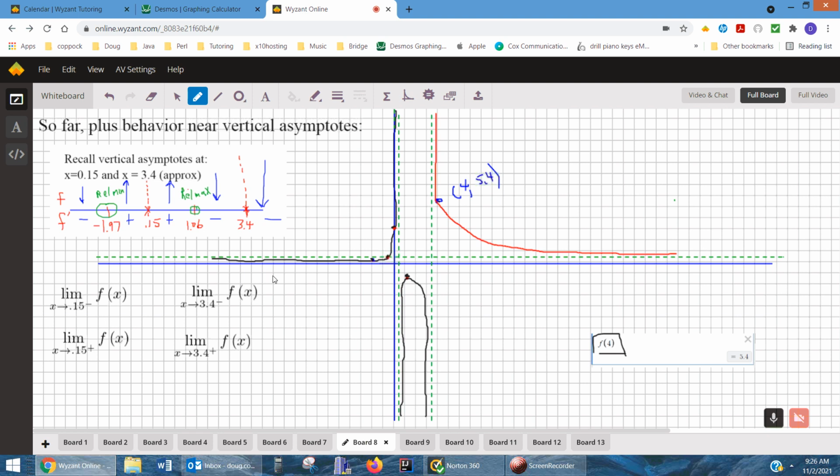Now, to identify whether the graph approaches positive infinity or negative infinity as it gets close to its vertical asymptotes, this is essentially what we're doing, although these are approximations here. Taking the limit of f of x as x gets close to this vertical asymptote from the left, and as it gets close to this vertical asymptote from the right, and same over here.